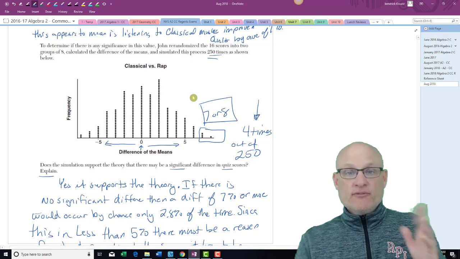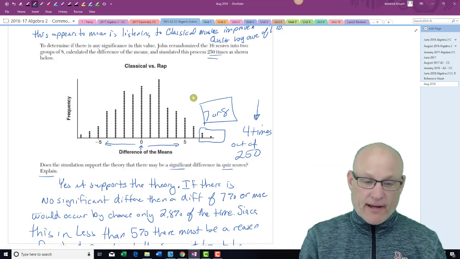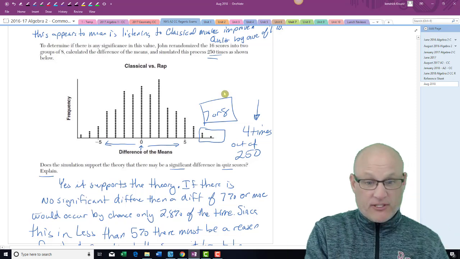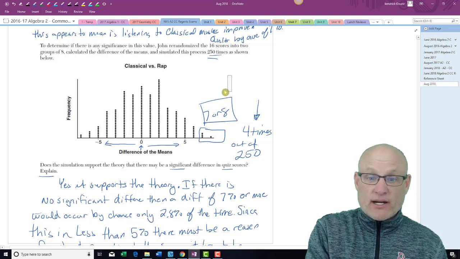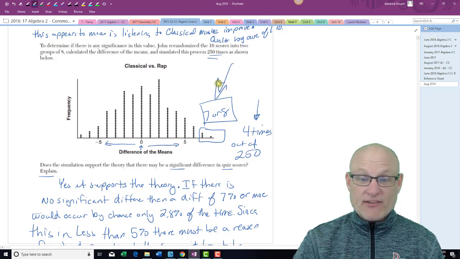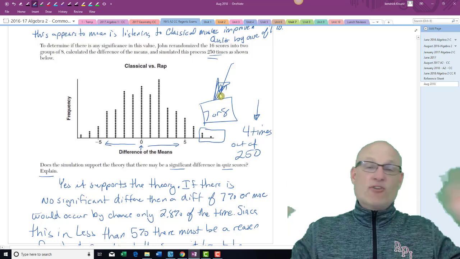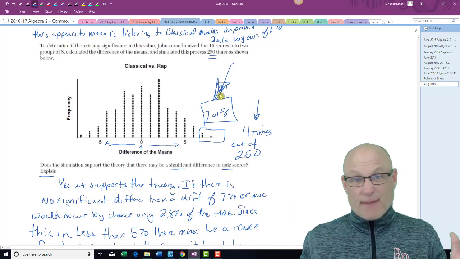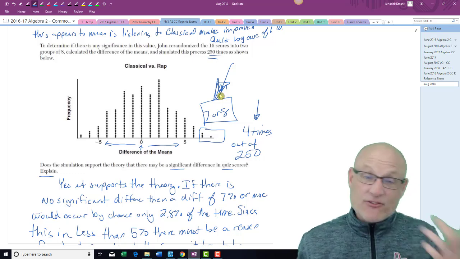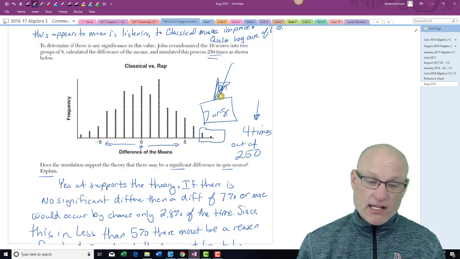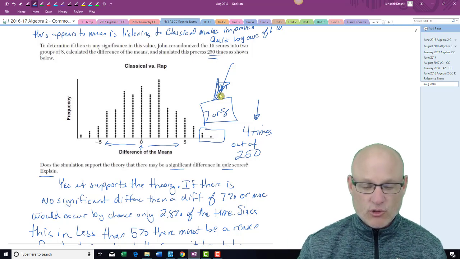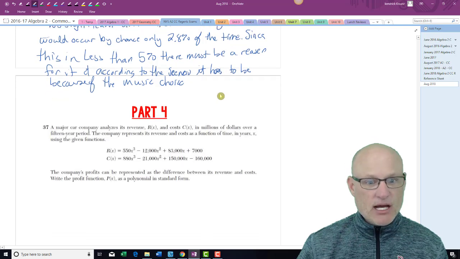If you take those scores, re-randomize them, and subtract their averages, and you do that 250 times, a difference as high as 7% should only happen 2% of the time. Since that doesn't happen very often, their claim has to be true that listening to classical music has an increasing effect on your quiz score.